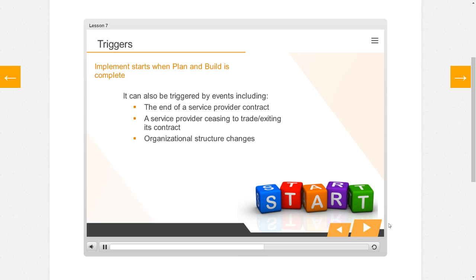If external factors force the Implement stage to begin early, the customer organization needs to complete as many of the discovery and strategy and Plan and Build activities as possible. If activities are incomplete when Implement begins, the risk associated with this must be assessed and acknowledged by the customer organization.